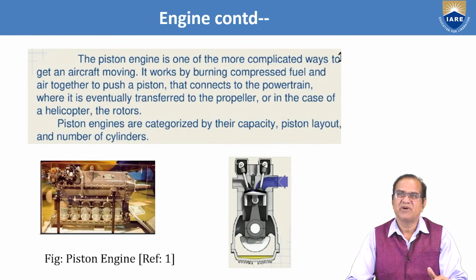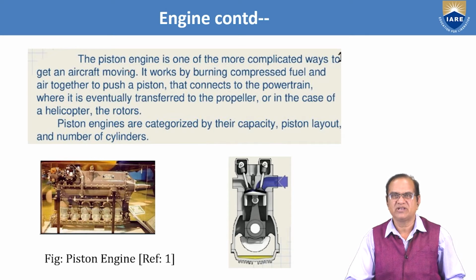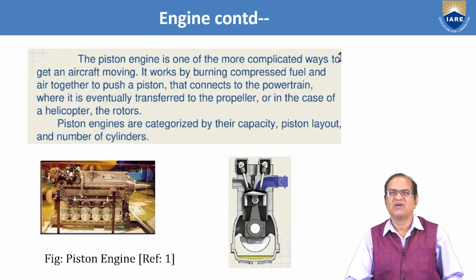It works by burning compressed fuel and air together to push a piston that connects to the powertrain, where it is eventually transferred to the propeller, or in the case of a helicopter, the rotor. Piston engines are categorized by their capacity, piston layout and number of cylinders.